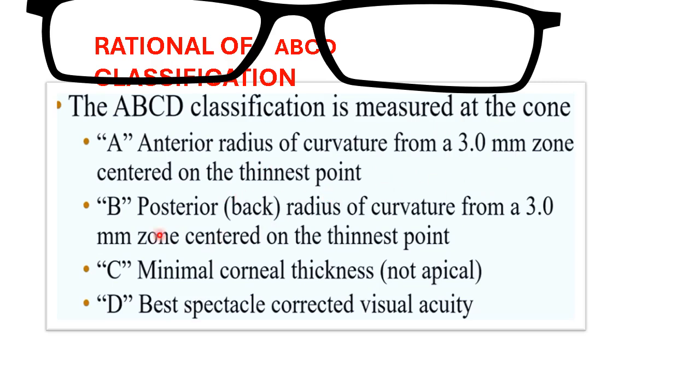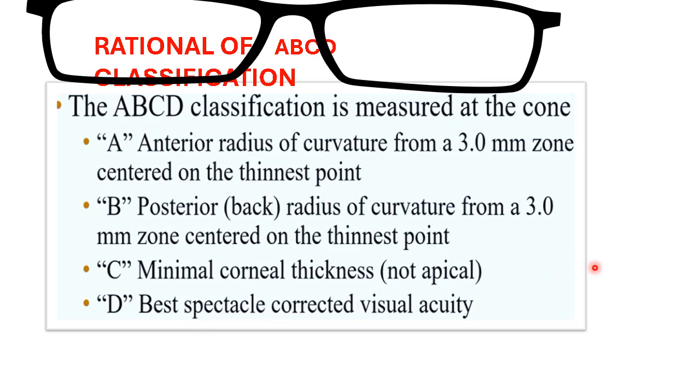B stands for the changes in the back surface of the cornea, that is the radius of curvature over a 3 mm zone on the thinnest point. Similarly, C stands for the corneal thickness over the thinnest point of the cornea, not the apical as seen in the previous classification. And the last one is D, which stands for the distance visual acuity, which is usually placed manually by the doctor himself in the software.